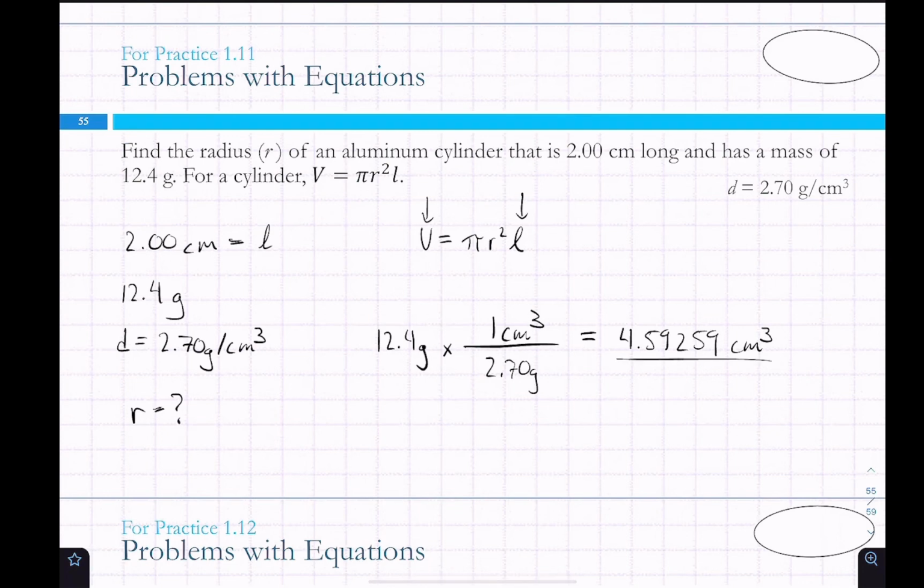Right, so this is now the volume. So that equals V. So you can type in our 4.59259 centimeters cubed equals pi times r squared times our length, which is 2 centimeters.